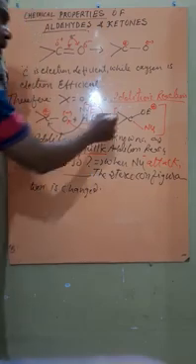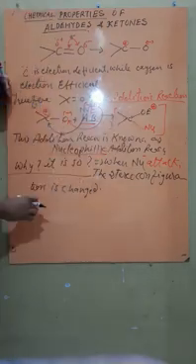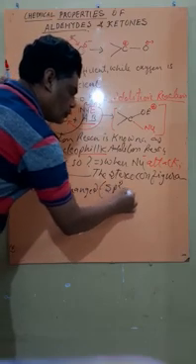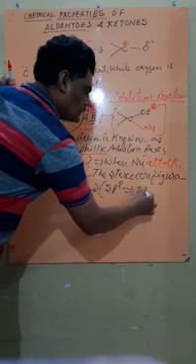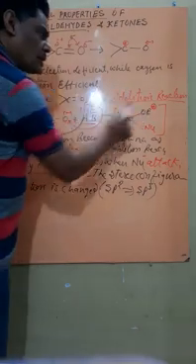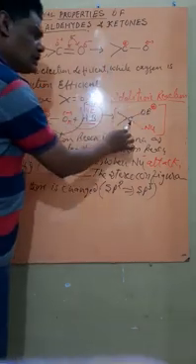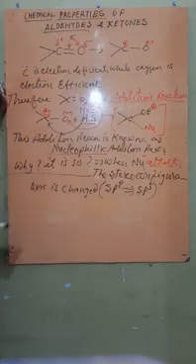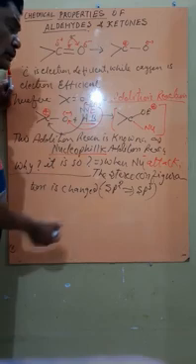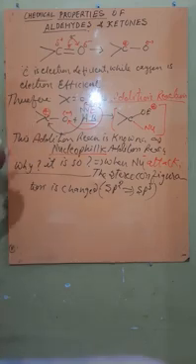How is it? Earlier it was sp2, but now it becomes sp3. That is, sp2 becomes sp3 hybridization. While when the electrophile attacks, there is no change in the configuration of the central atom, that is carbon.